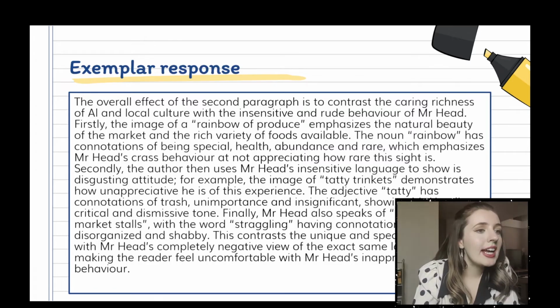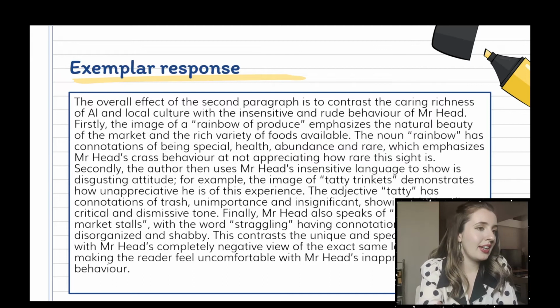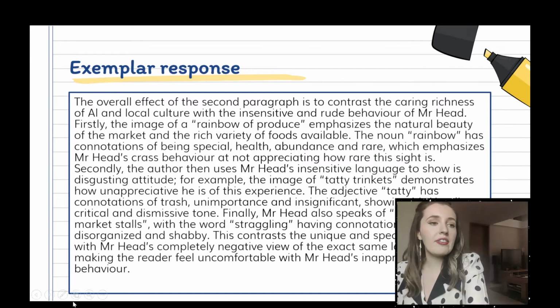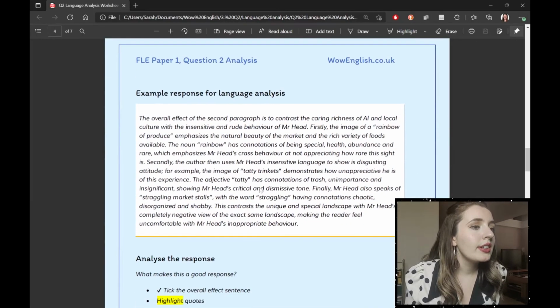Finally, Mr. Head also speaks of straggling market stalls, with the word straggling having connotations of chaotic, disorganised and shabby. This contrasts the unique and special landscape with Mr. Head's completely negative view of that exact same landscape, making the reader feel uncomfortable with Mr. Head's inappropriate behaviour.